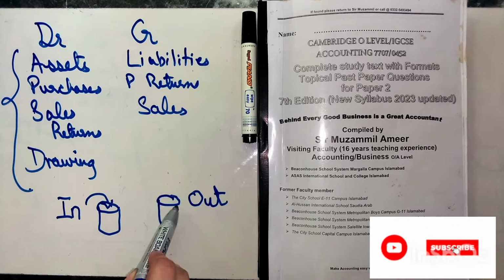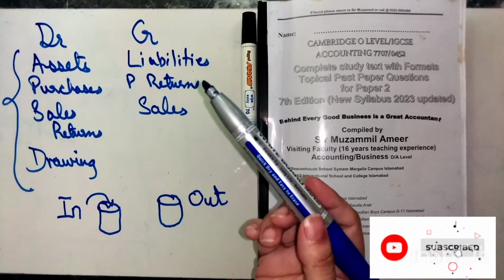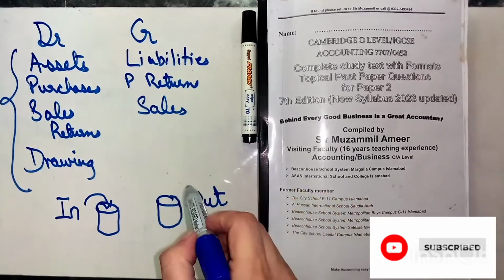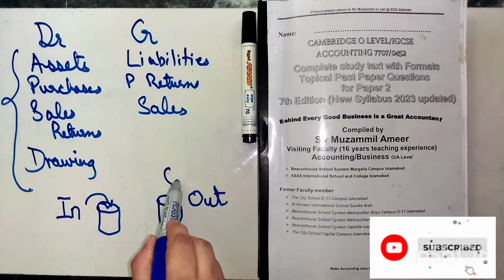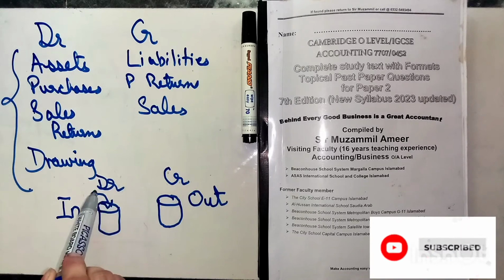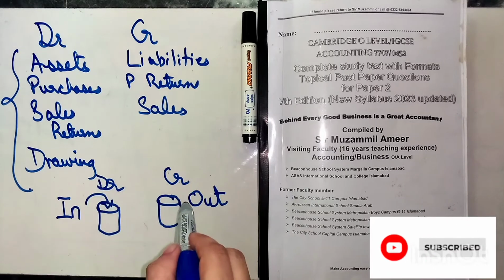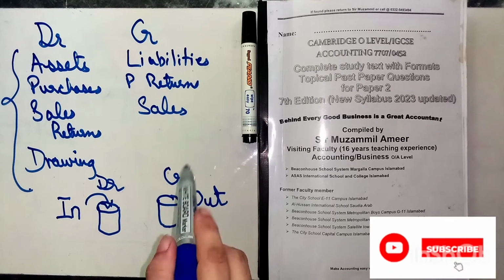If you want to understand it in simple form, consider credit as out and debit as in. Whatever comes in is going to be on the debit side and whatever goes out is going to be on credit.